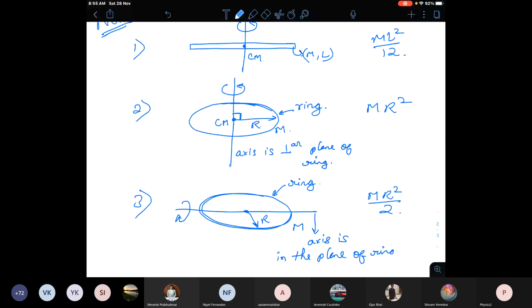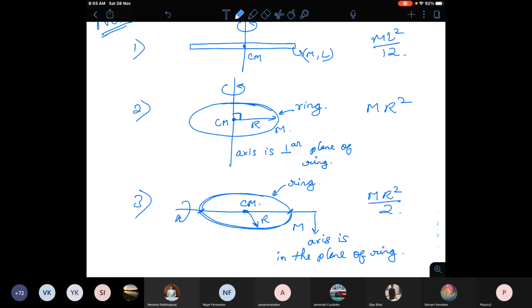Here the axis is in the plane of the ring and still passing through the center of mass. You can say it is along the diameter of the ring, and through that diameter only the axis is also passing.